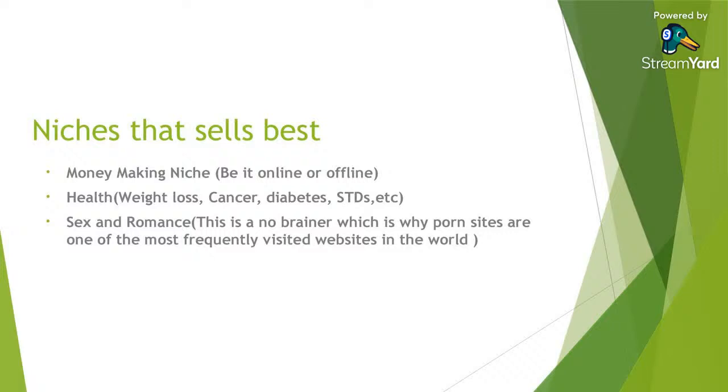So that is why I'm showing you what niches are the best ones to sell into. If you are not selling a product that falls under these categories, please think again.